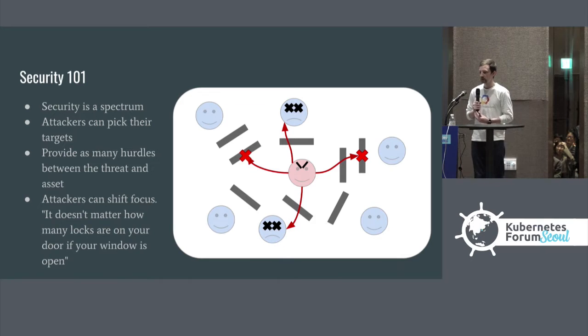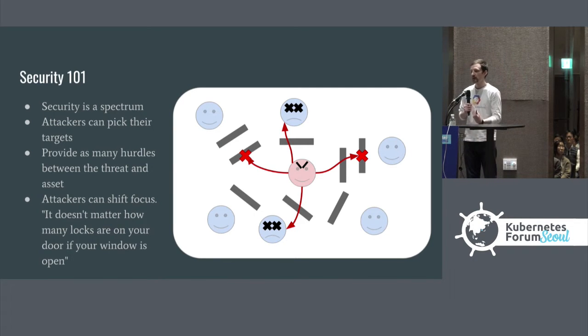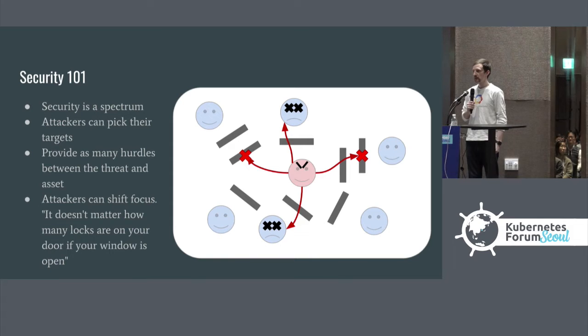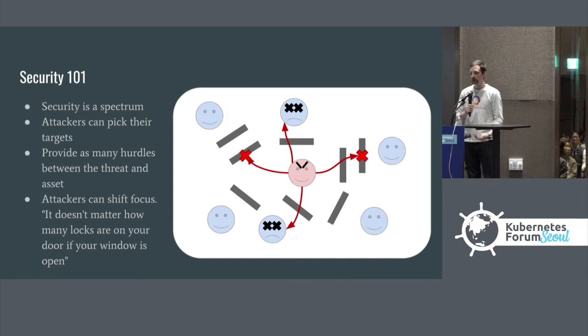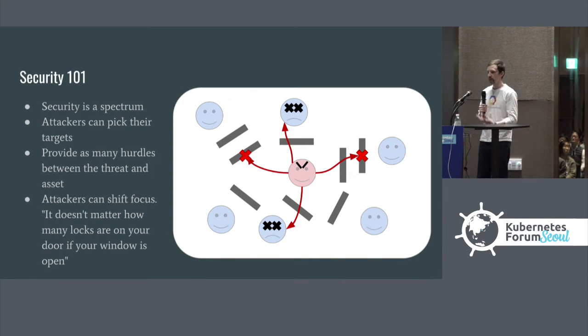Attackers can pick which things they attack. They can pick the time that they attack, so they can pick a time in the middle of the night when you're sleeping in order to attack your cluster so that you won't notice, things like that. These are things that you have to think about as you are doing the security of your cluster.